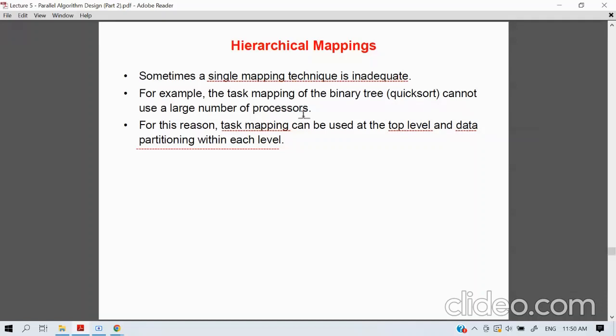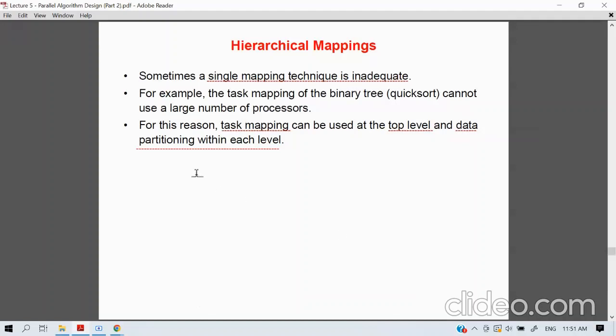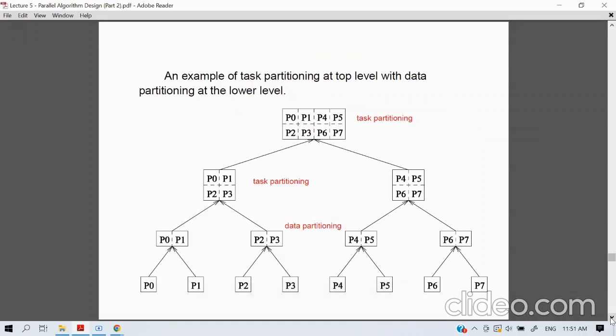Hierarchical mapping techniques suggest that at the top level, we use one kind of mapping type and at the next level, we use another type of mapping or partitioning process. Let's look at the example. This is the task being mapped into several processes using task partitioning, P1 until P7. Then at level number 2, it also uses task partitioning again, from P0, P1.